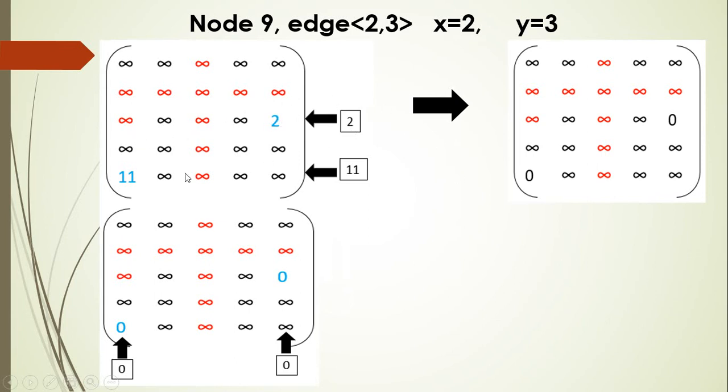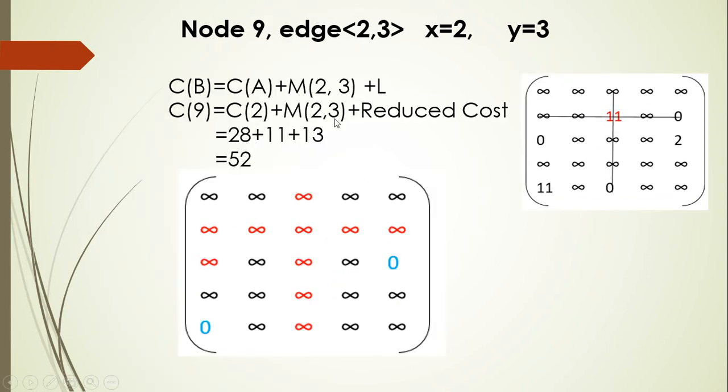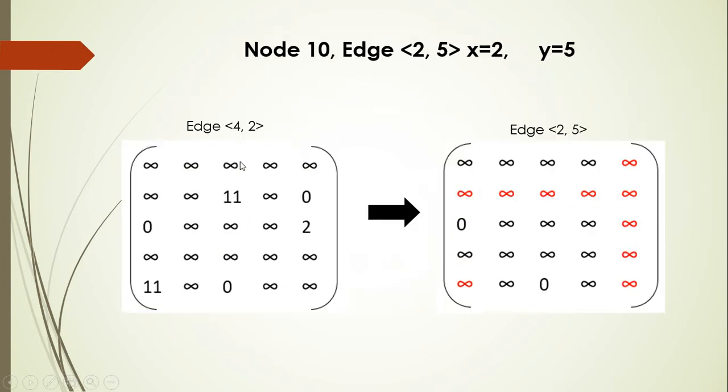Reduce rows, reduce columns. So total cost is 13. The cost for node 2 is 28. Travel cost for 2 to 3 is 11 and the reduced cost is 13. So here you will get the total cost 52.